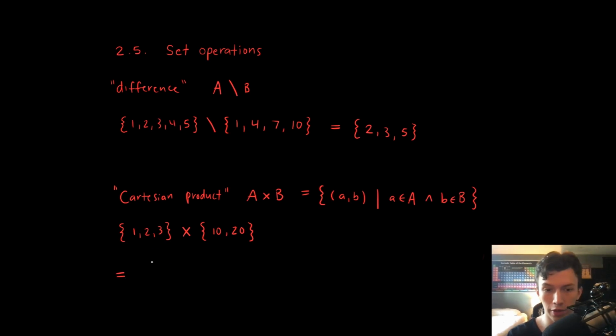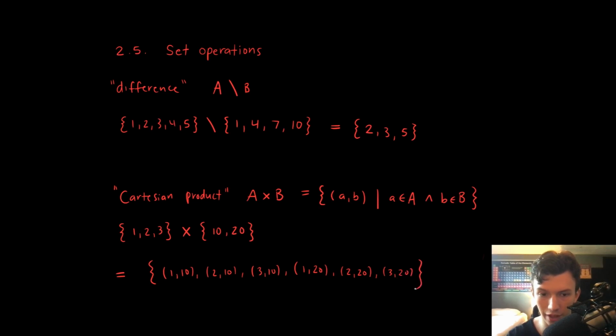The product will be this set here: (1, 10), (2, 10), (3, 10), and then you could start over and do (1, 20), (2, 20), and (3, 20). Okay, so these are the elements of the Cartesian product that we're taking here.